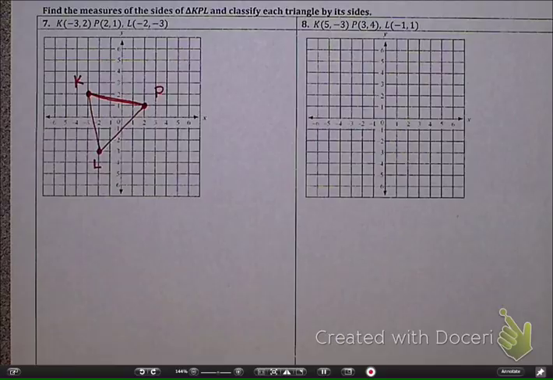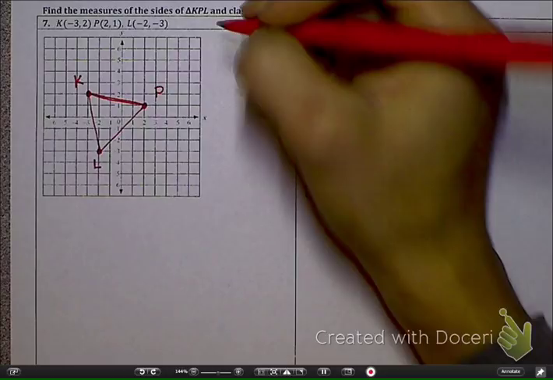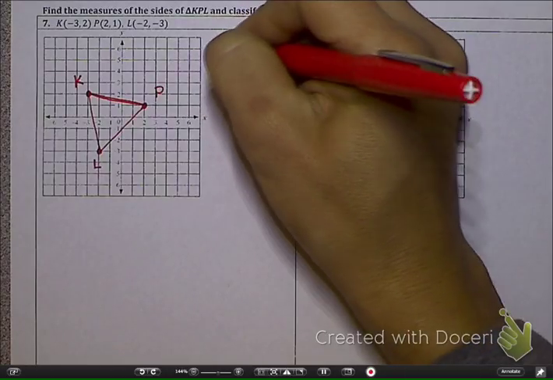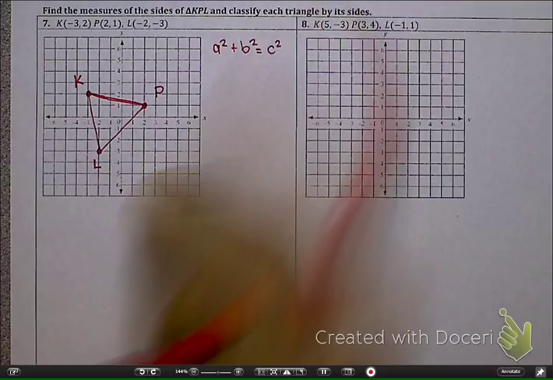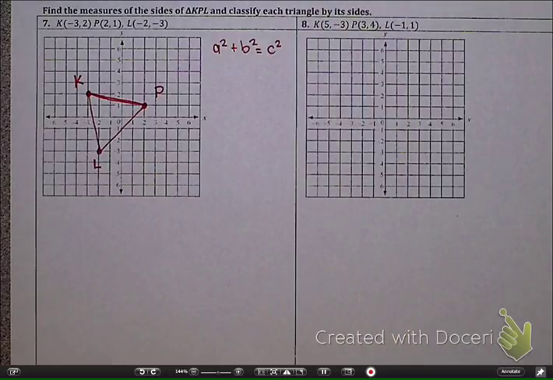If you remember Pythagorean theorem, what was it? A squared plus b squared equals c squared. I'm going to show you using Pythagorean theorem because I prefer this method. I feel like it's faster and leaves less room to make mistakes. But if you like the distance formula and remember it, you can use it.